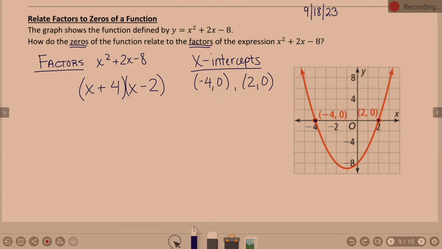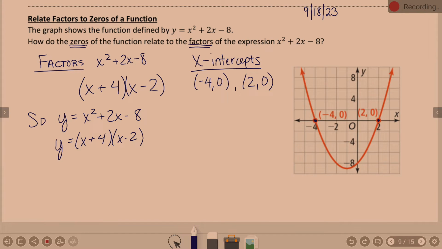Does it matter about the signs? Yes, it does matter. You can't have 2 and a negative or positive 4. -2, positive 4. There is a difference. Yes, it does matter. So if we think about the equation y equals x squared plus 2x minus 8, which is what is graphed here, then we know that factors into y equals x plus 4 and x minus 2.